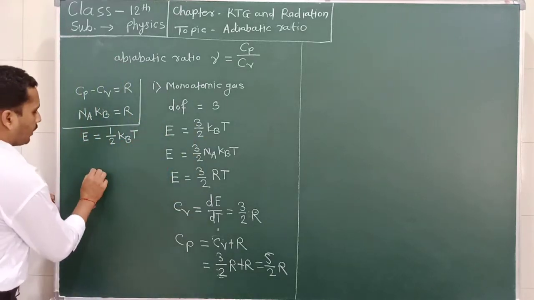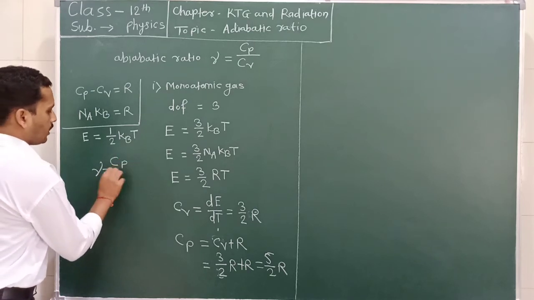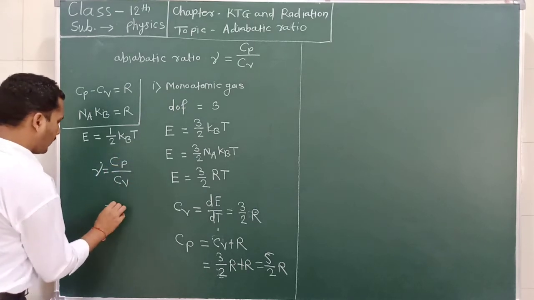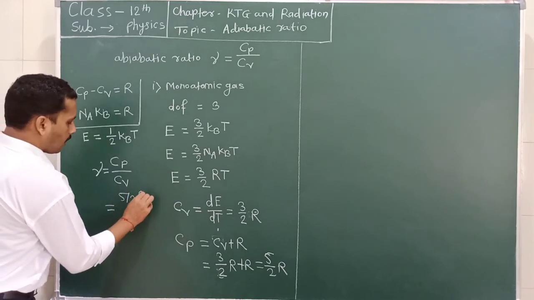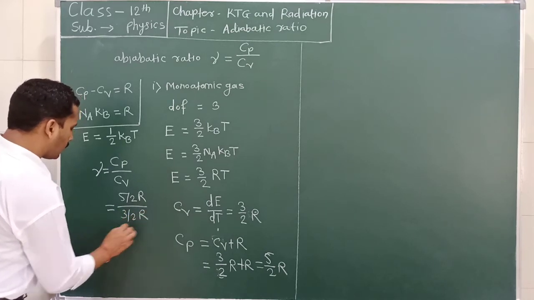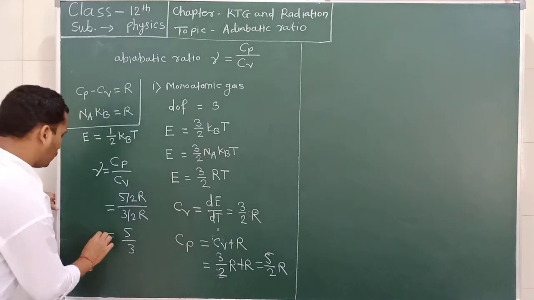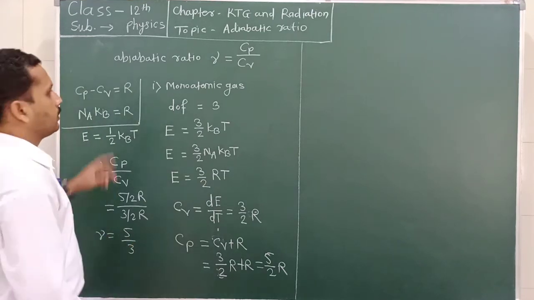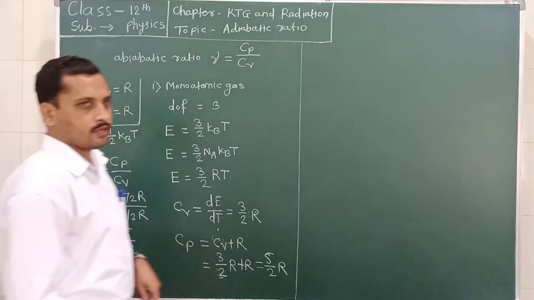The adiabatic ratio gamma is equal to Cp divided by Cv. So we can write 5 by 2 R over 3 by 2 R, the R and 2 get cancelled. So it is equal to 5 by 3. So the adiabatic ratio for monoatomic gas is equal to 5 by 3.